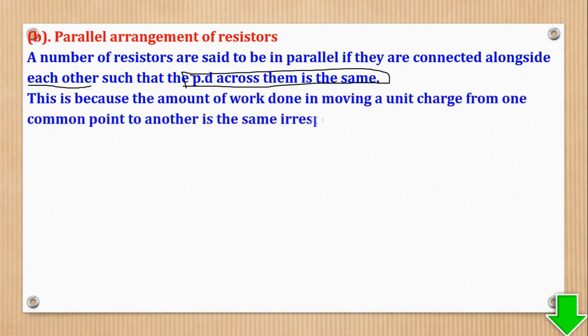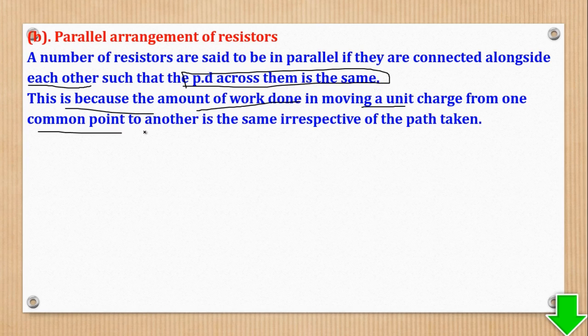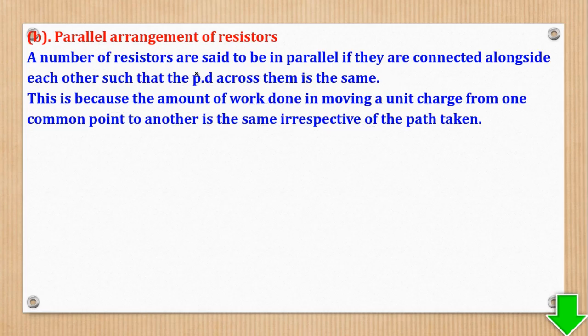This statement is very vital because it will be used a lot in the calculations. And this is because the amount of work done in moving a unit charge from one common point to another is the same irrespective of the path taken. So that's the reason why PD is the same for parallel arrangement.